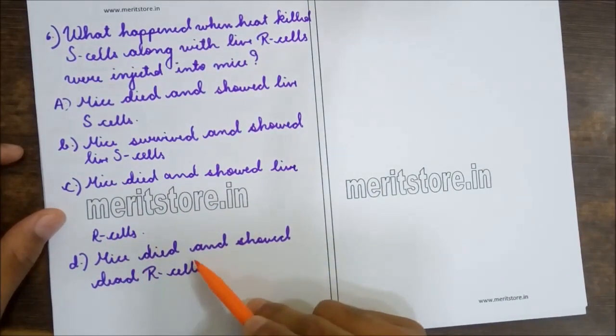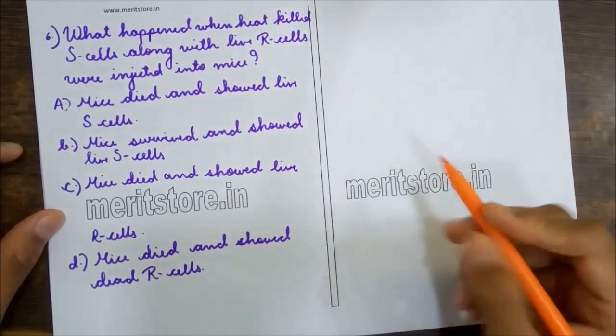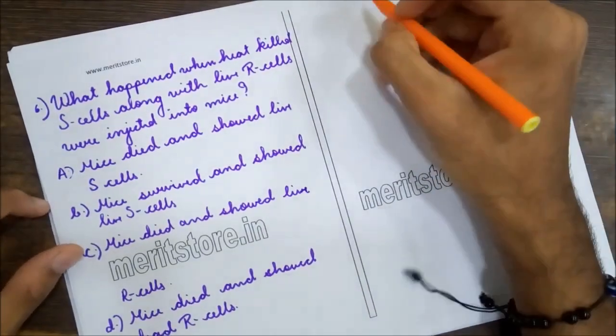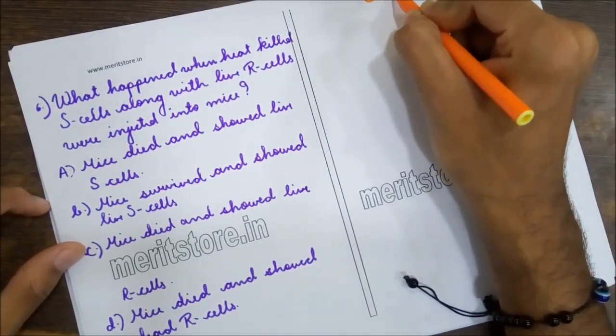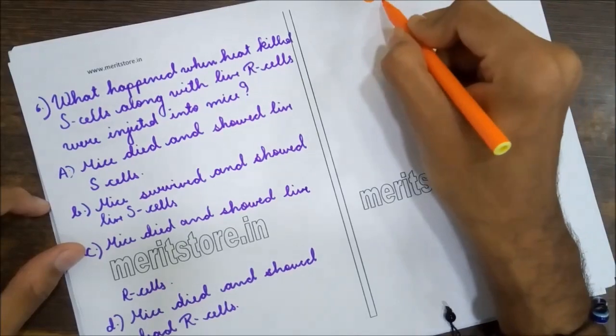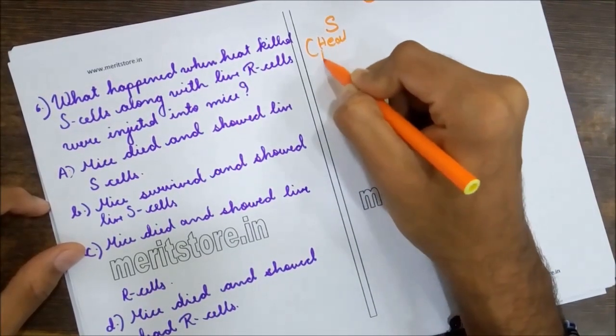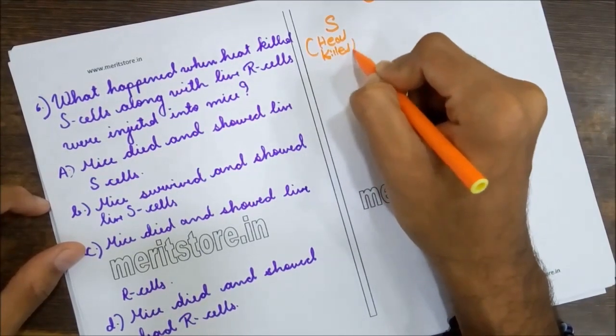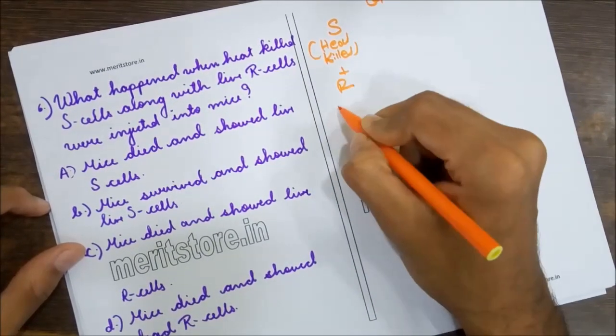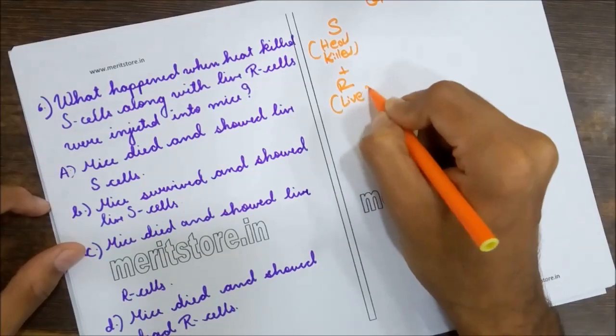And D, mice died and showed dead R cells. Again, the Griffith experiment used S strains which were heat killed, which were mixed with R strains which were living.